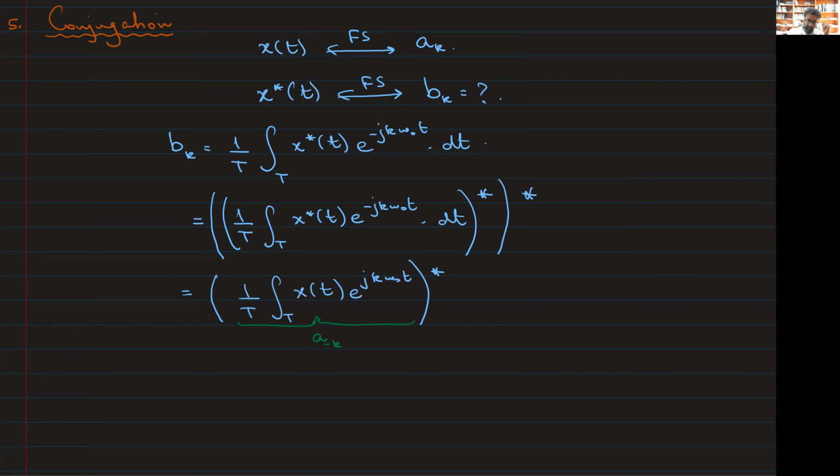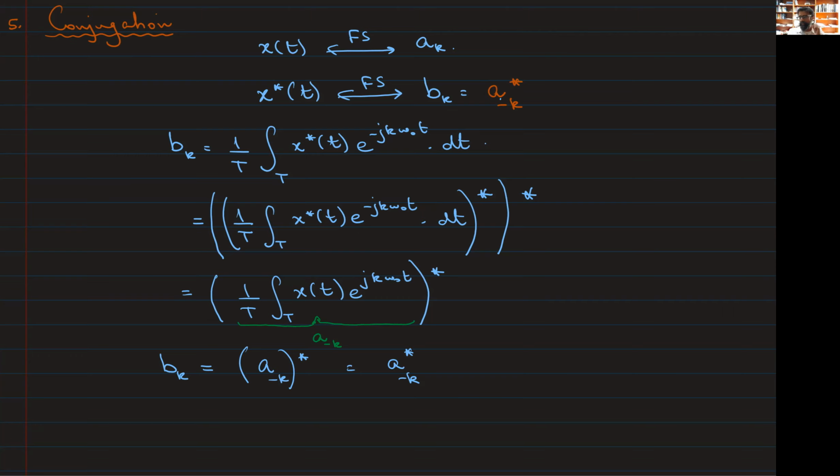So from here, what we conclude is that bk's, which are the Fourier series coefficients of the conjugated signal, is going to be equal to a of minus k conjugate, right? Okay? So here's the result. So in conclusion, bk's here are actually equal to a of minus k conjugate.